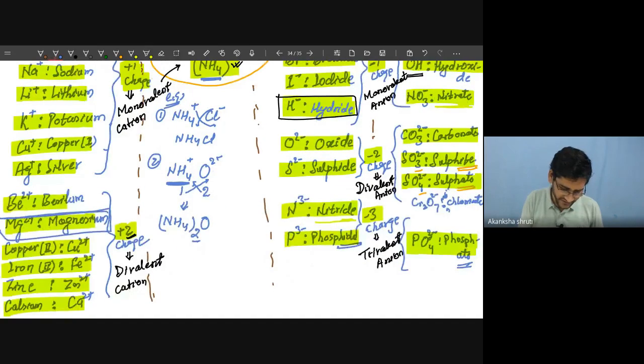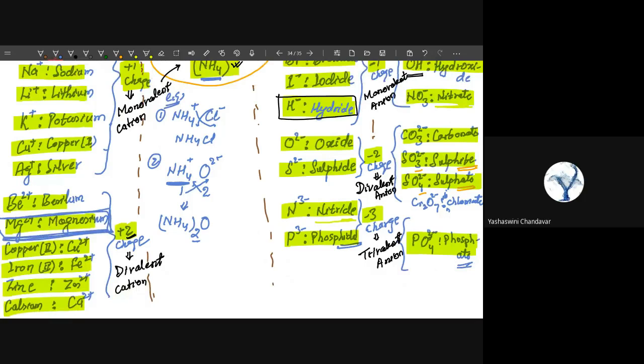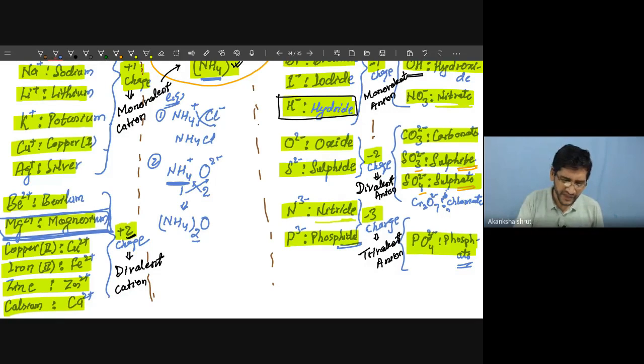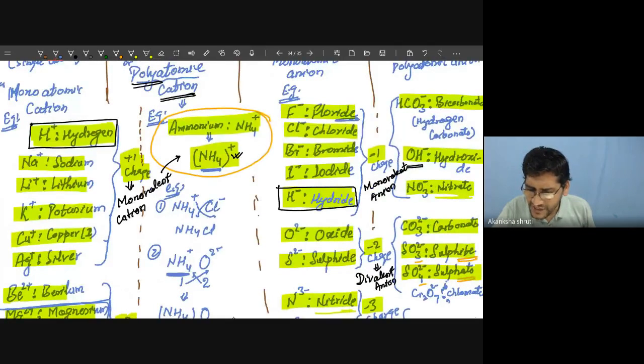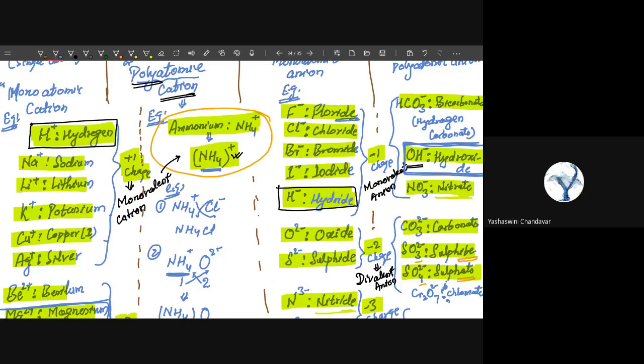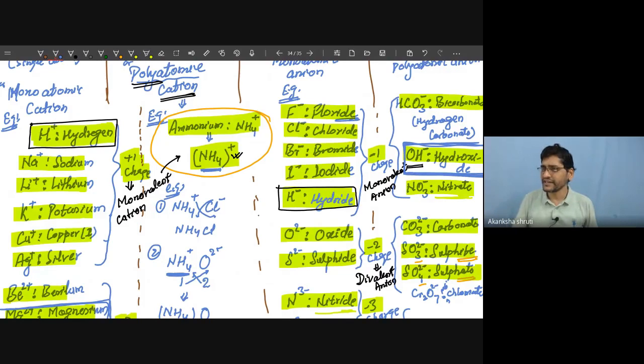Are you getting this? I am highlighting. This is our magnesium. So from the positive side, I need to search from the positive. And hydroxide comes on the negative side with the polyatomic anions. Are we getting it?